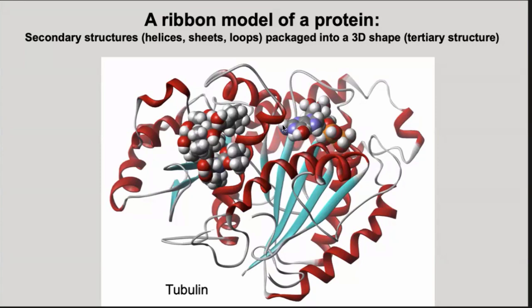The two space filling models in here are not part of the protein. Those are other molecules that are bonded to the protein. I know this one over here on the right, with the blue nitrogens and some yellow phosphorus, is actually GTP, guanosine triphosphate, which is an energy molecule very similar to ATP, but it's based on guanine instead of adenine.